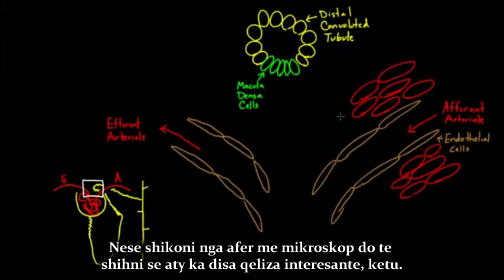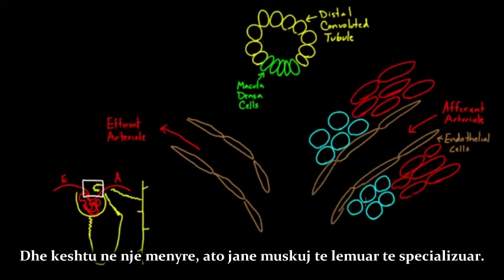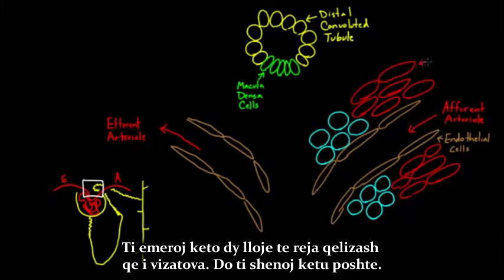And if you look closely under a microscope, you'll see that there's also some interesting cells right here, right there. And I'm drawing them in blue just to highlight that they're different, but they are actually very similar to smooth muscle cells. And so in a way, they're specialized smooth muscle cells. So let me label these two new cell types I've drawn for you. Actually, I'll label them down here.